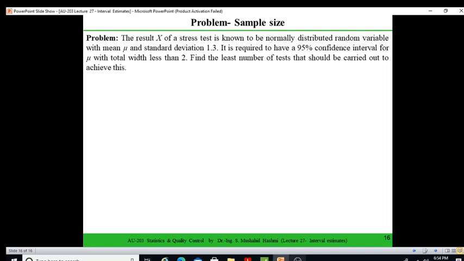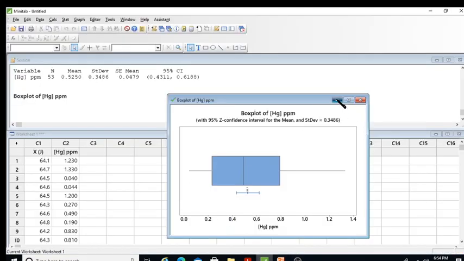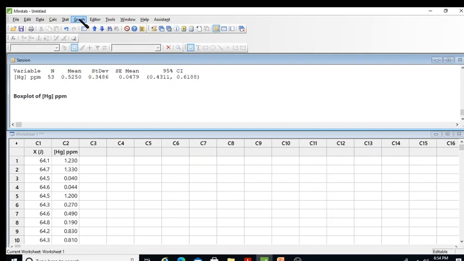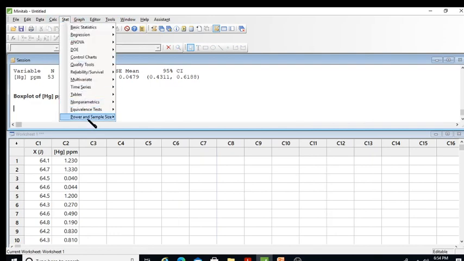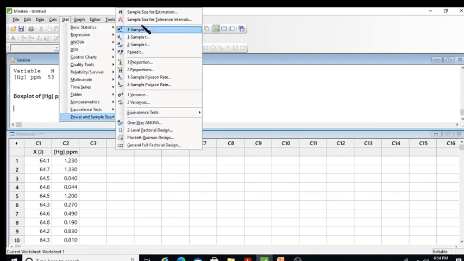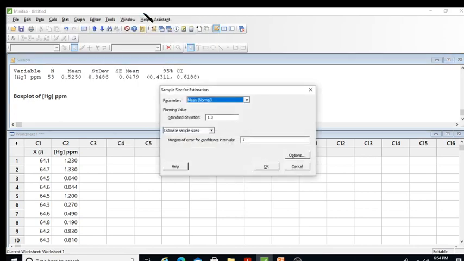So this is something less than 2 units, and we can do it in Minitab. Just go to the Stats tab, Power and Sample Size, and here pick Sample Size for Estimation.